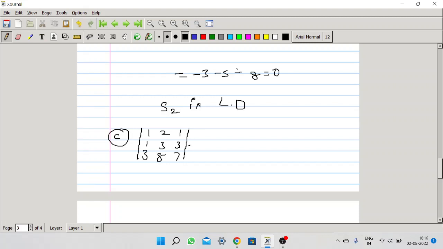So the determinant of this matrix is nothing but 1 times (3 3 8 7) minus 2 times (1 3 3 7) plus 1 times (1 3 3 8).